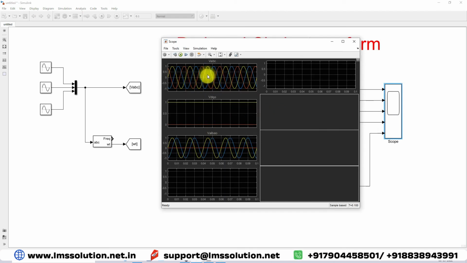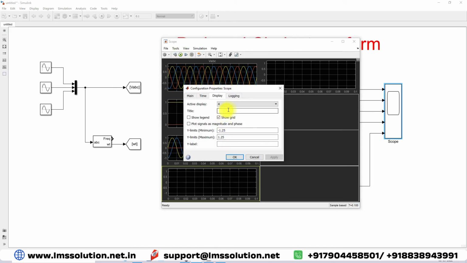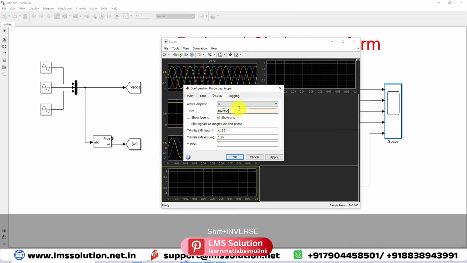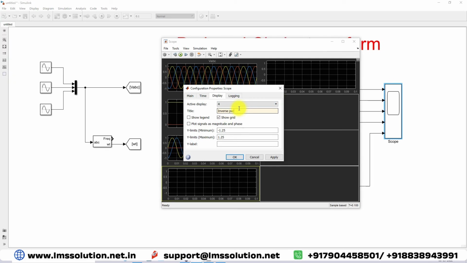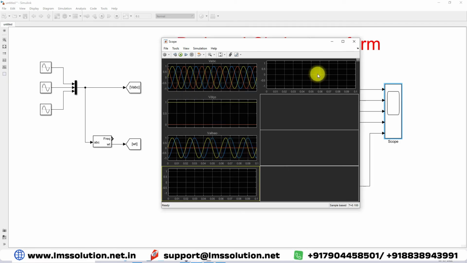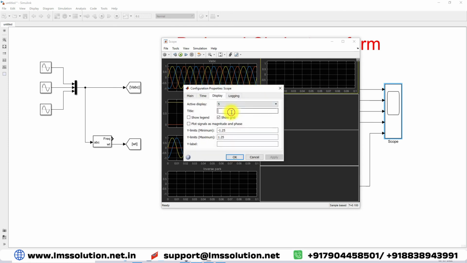Here you can see this is your input, this is the output of the Park transformation, that is the ABC to dq0 conversion, and this is the output of the Clarke transformation, that means ABC to alpha beta 0. Now I am going to simulate this one. Here we are measuring the inverse Park and inverse Clarke transformation outputs.